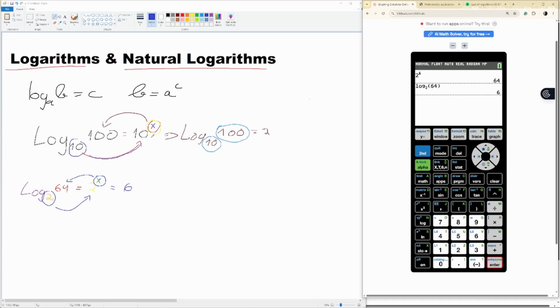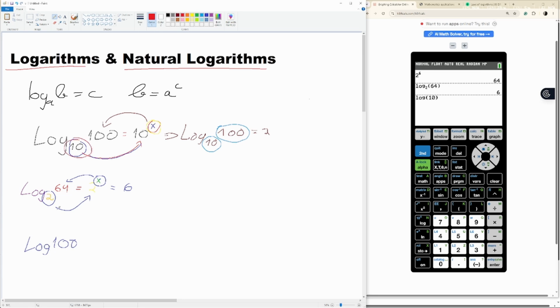And sometimes in questions you also see without the base. If there's no base, for example, your question has just log 100, then the base is automatically 10. That's the rule.